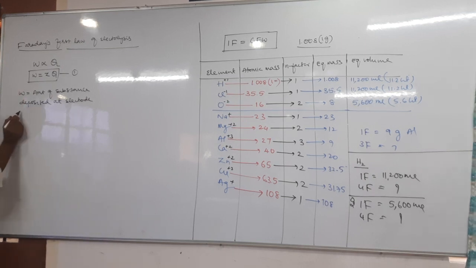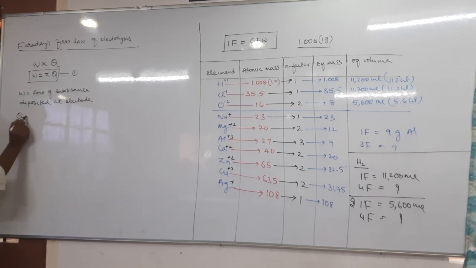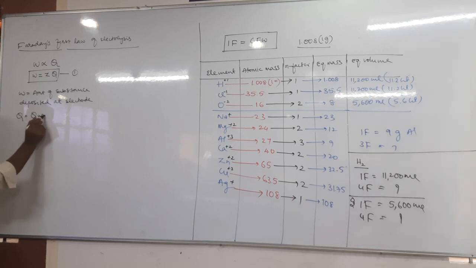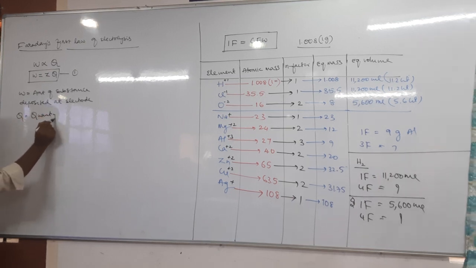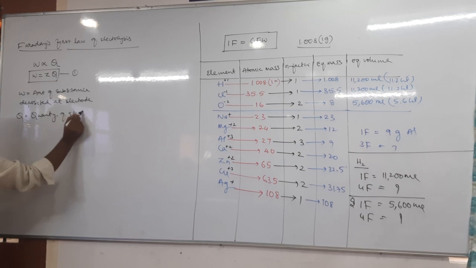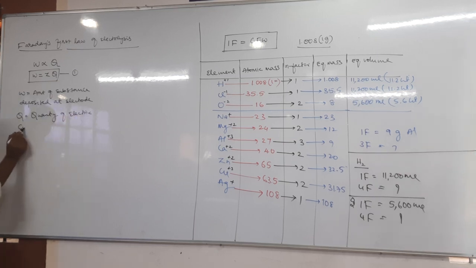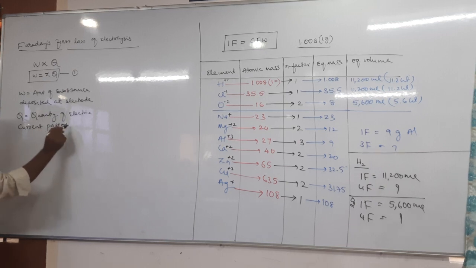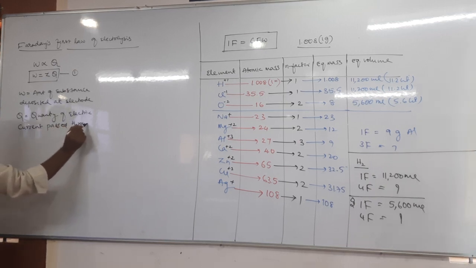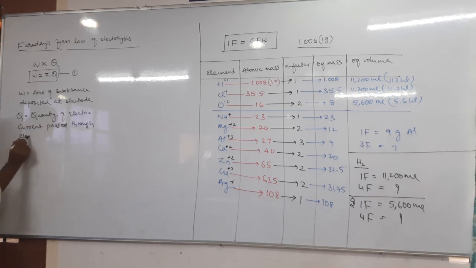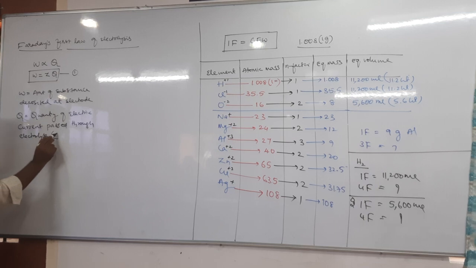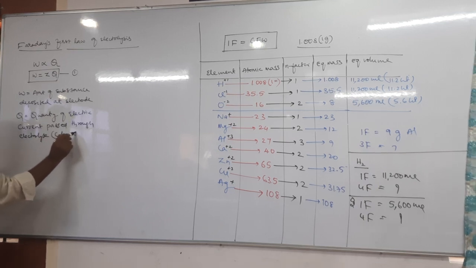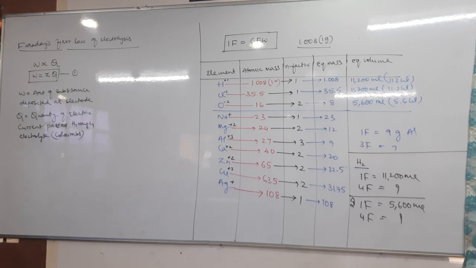Next, Q is the quantity of electric current passed through the electrolyte. So quantity should be taken in coulombs, right?